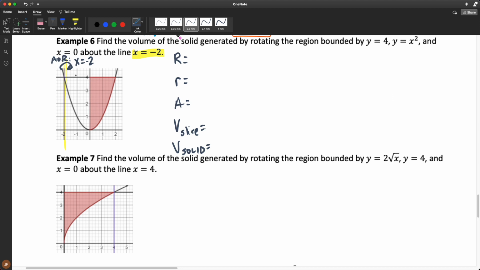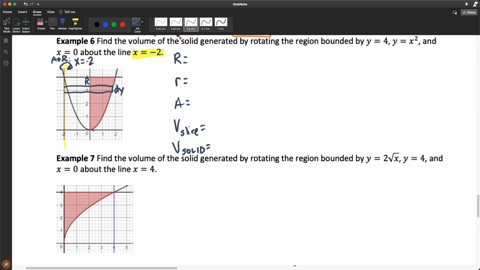Okay, so big R goes from our axis of revolution all the way out to the outside of our figure. Because that's a vertical axis of revolution, these are going to be dy slices. So we're going to need our equations x in terms of y.